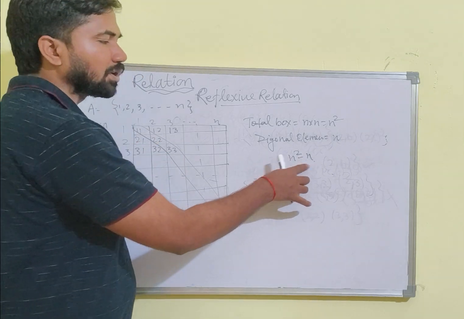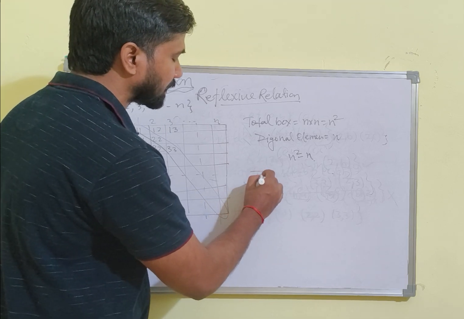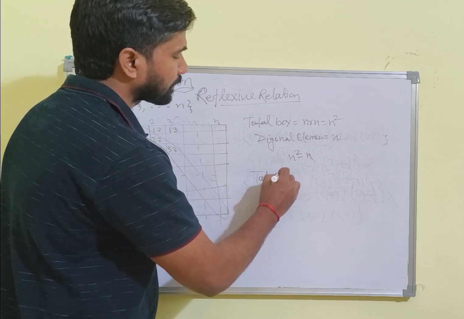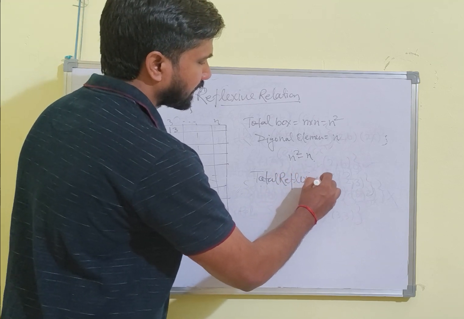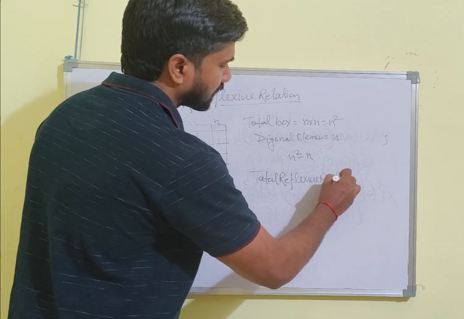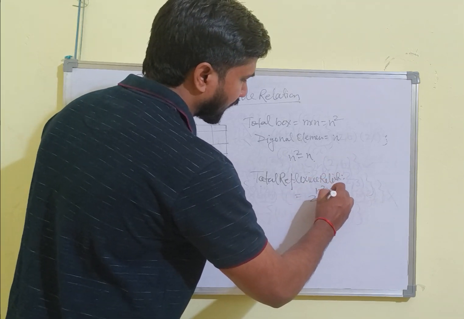Total number of remaining elements is n square minus n. So how many total reflexive relations will there be? 2 power n square minus n.